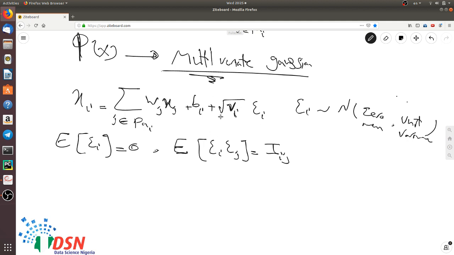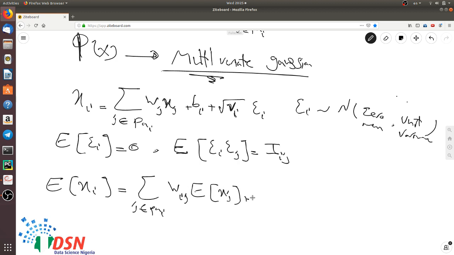Now if we take the expected value from both sides, we have the sum over all node parents wij expected value of xj plus bi, and the expected value of the noise term is 0.